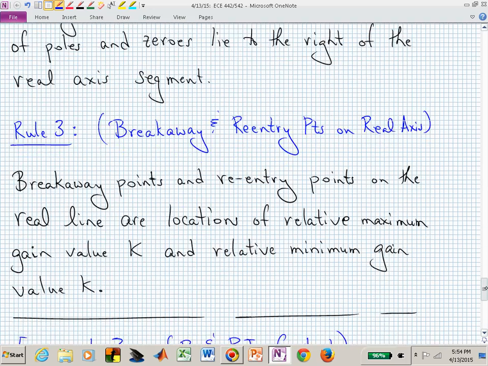And rule number 3 concerns these breakaway and reentry points. If you have a breakaway, do you have a reentry? It depends, right? You wouldn't have to. If you have a reentry, do you have a breakaway?